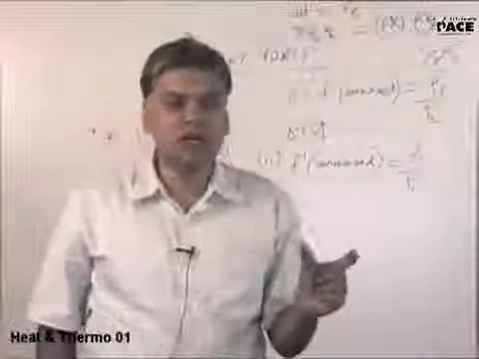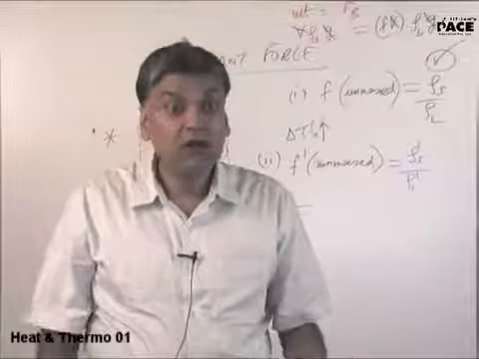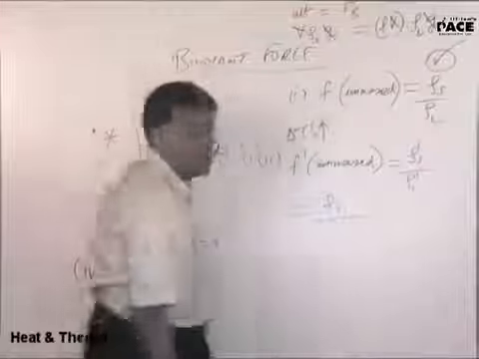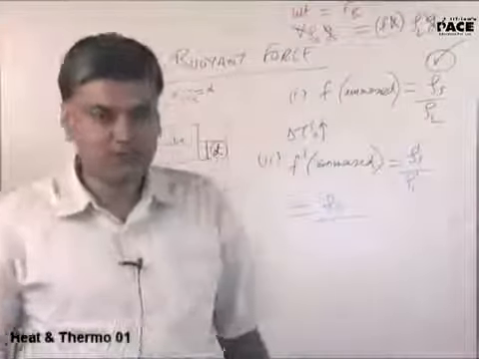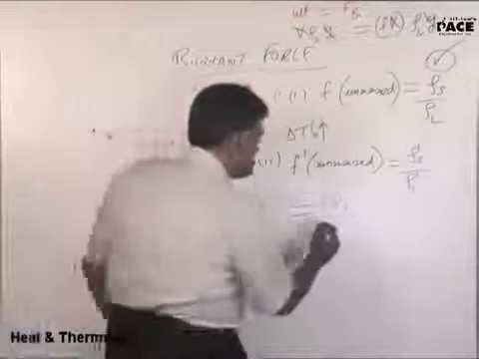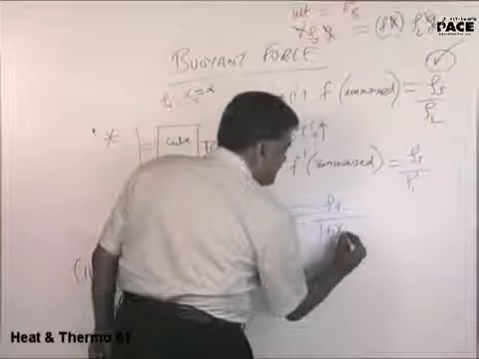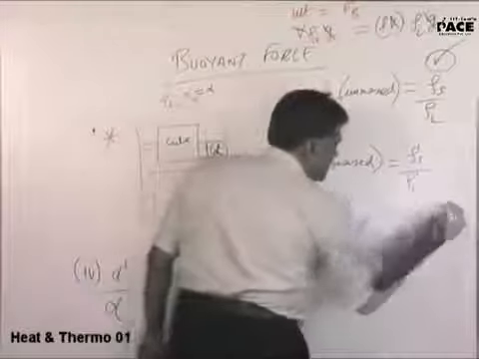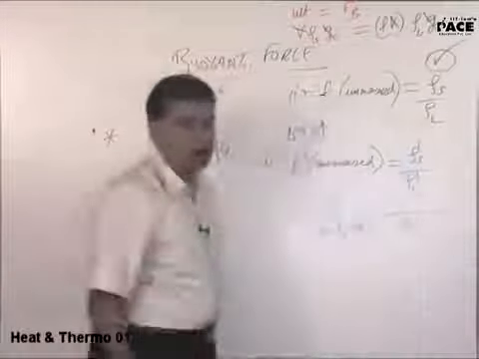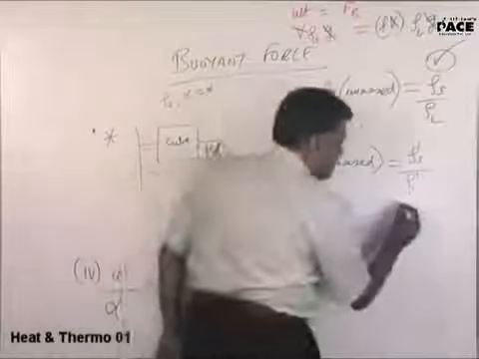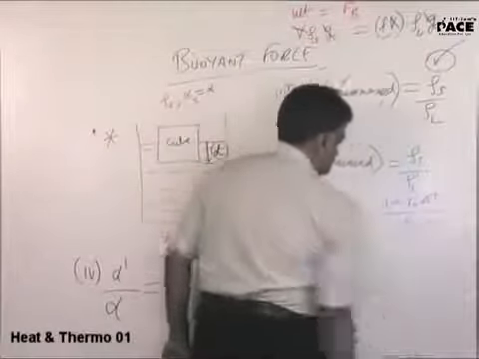That will be equal to the old density upon 1 plus gamma S delta T. Did you say upon or not? I don't hear you saying upon. Rho S by 1 plus gamma S delta T, divided by rho L upon 1 plus gamma L delta T. This upon will go on top.